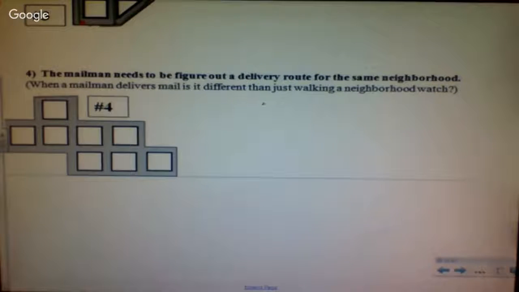So I've got 1, 2 here, and then 1, 2, 3, 4, 5, then 1, 2, 3, 4, 5, 6. Watch what I do here.